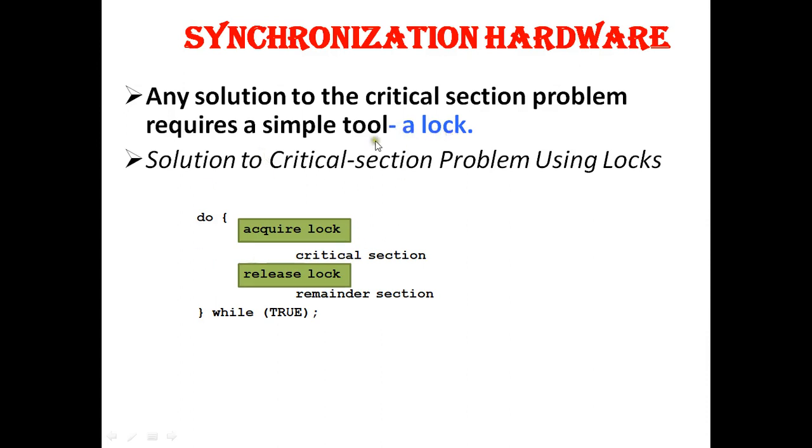Same thing, instead of the entry section you have acquire lock. So you tell the processes to first acquire the lock. After acquiring the lock, enter into the critical section, then release the lock, then execute the remaining code, complete the execution and come out.